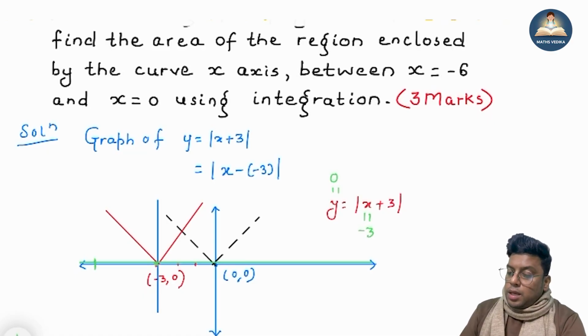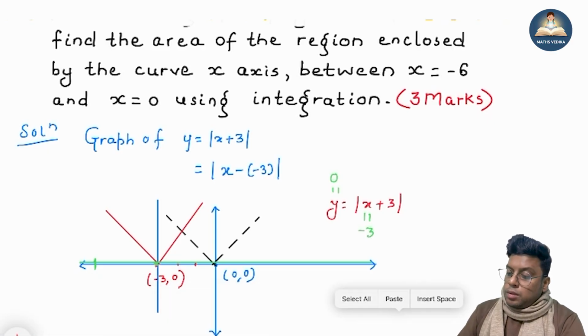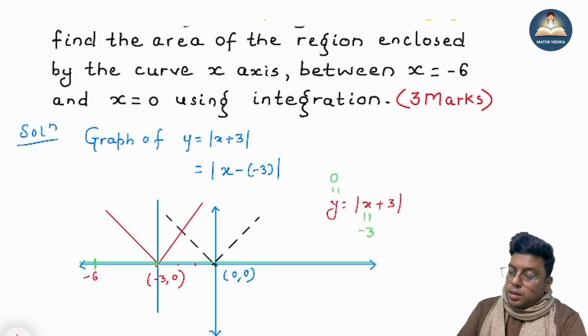If this is x = -6, the point will be (-6, 0), and x = 0, the point will be (0, 0).